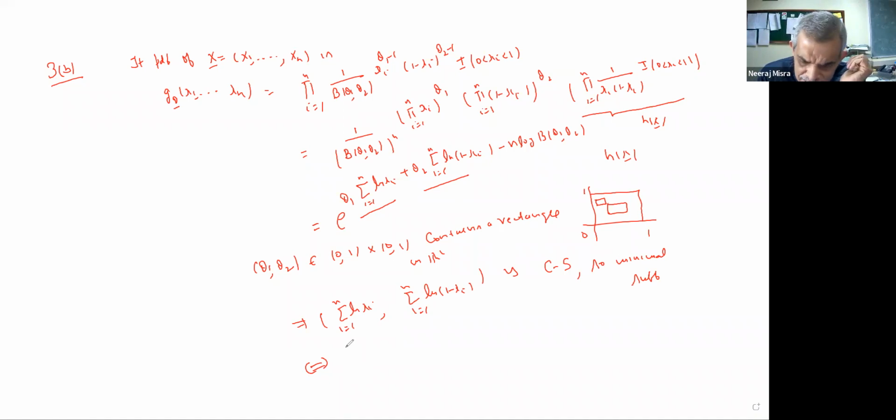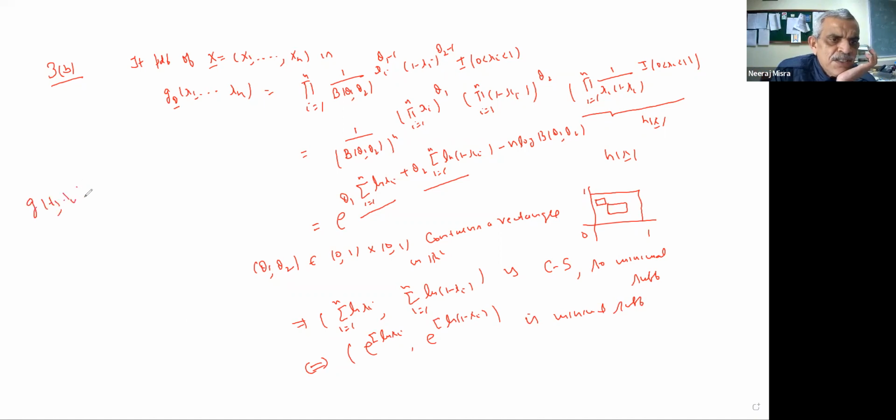So this implies that e to the power summation log xi and e to the power summation log(1 minus xi) is minimal sufficient. Why? Because if you consider the function g(t1, t2), which is e to the power t1, e to the power t2, it is a one-to-one function of (t1, t2).